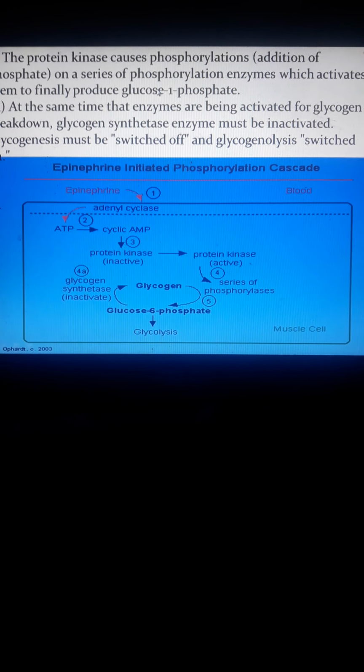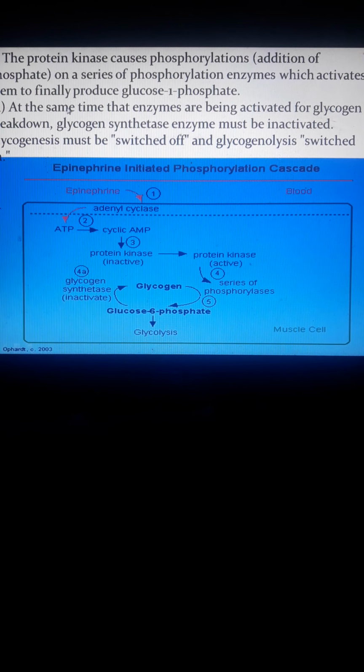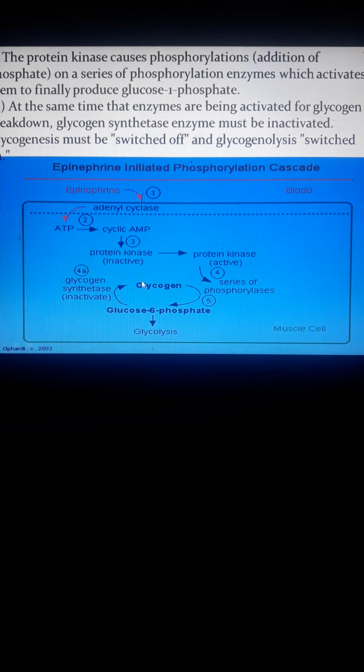Okay, so this glucose 1-phosphate class, at the same time, enzymes are being activated for glycogen breakdown, so glycogen synthetase enzyme must be inactive, take note, so glycogenesis must be switched off, and glycogenolysis switched on. So take note class, in stage 4, there are two events: a series of phosphorylation processes, and at the same time the inactivation of the glycogen synthetase enzyme.